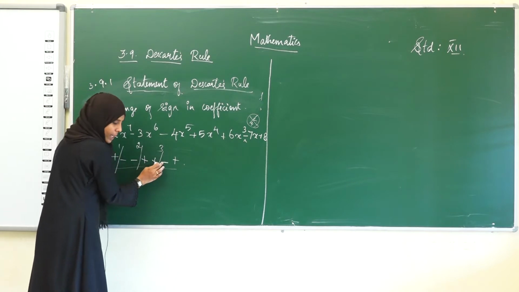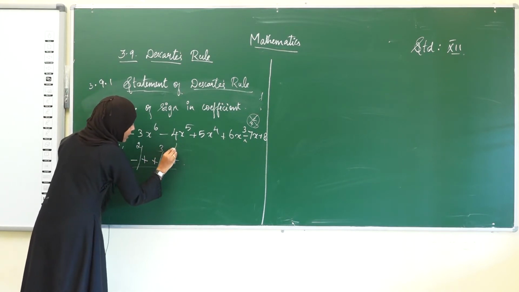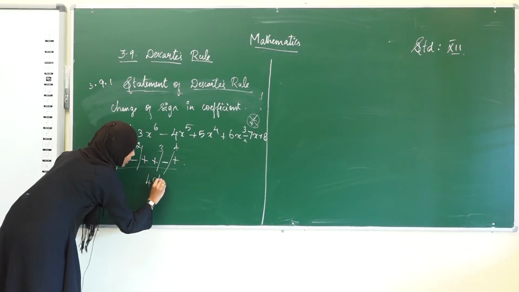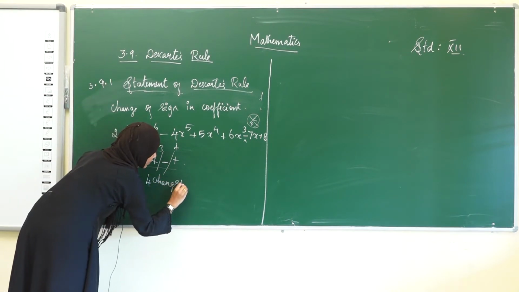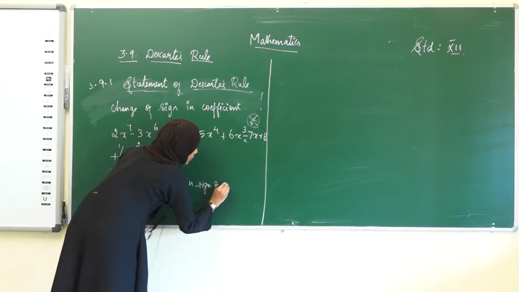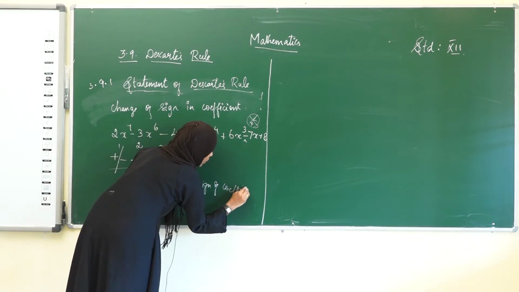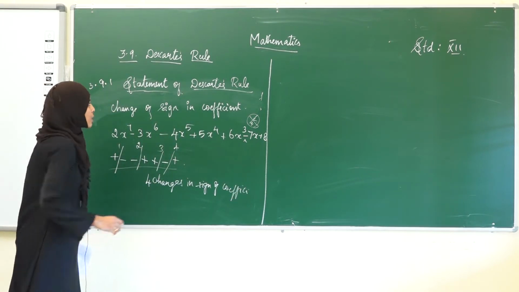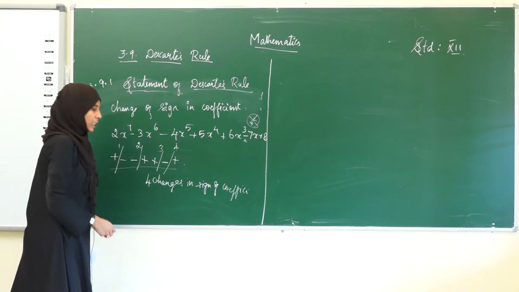And here it is minus and the next term is plus, therefore we have changed here. Therefore the total changes are 4. So there are 4 changes in sign of coefficients of the polynomial. In this equation there are 4 changes of sign. This is very important for Descartes rule.